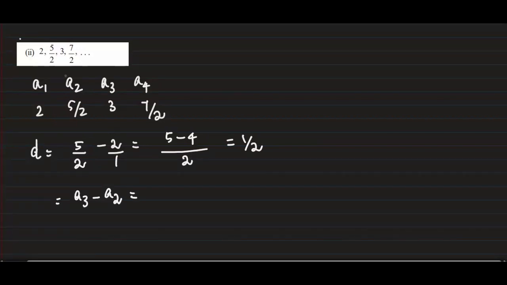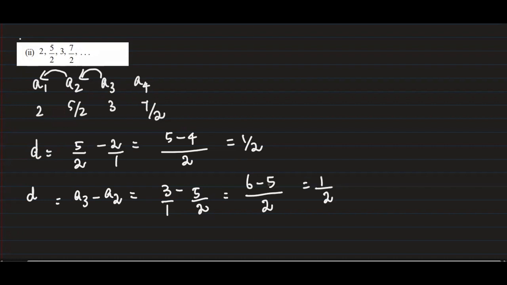The first thing I've done is A2 minus A1. The next one I want to check with A3 minus A2, which is 3 minus 5 over 2. The LCM will be 2, then 6 minus 5, which is equal to 1 by 2. Here if you notice, the D value is the same. So this forms an AP.